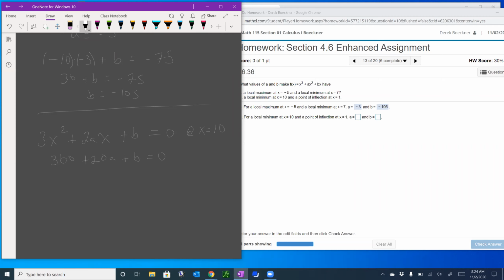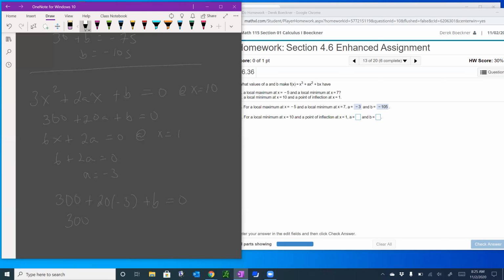And for the second derivative, the point of inflection, I have that 6x plus 2a equals 0 at x equals 1. So 6 plus 2a equals 0. That tells me a equals minus 3, right? And if a equals minus 3, I get that 300 plus 20 times minus 3 plus b equals 0.